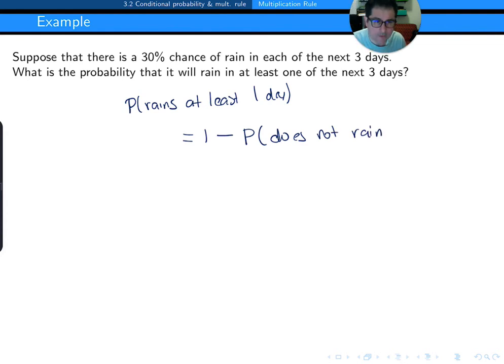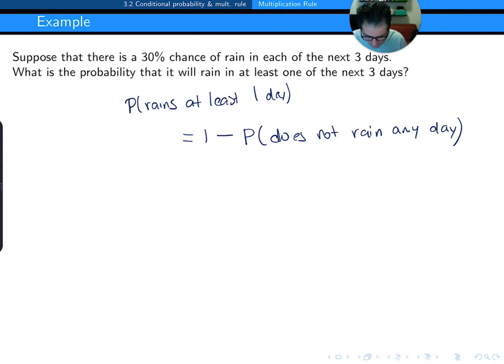Not rain any day. So I hope you see that. Rains at least one day is the complement of it didn't rain at all, right? So it's easier to find the probability that it didn't rain at all. If it's 30% chance of rain each of the days, it's 70% chance that it doesn't rain on any of the days, right? Any singular day.